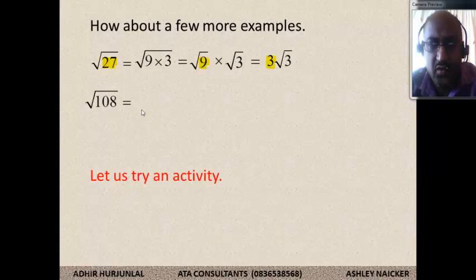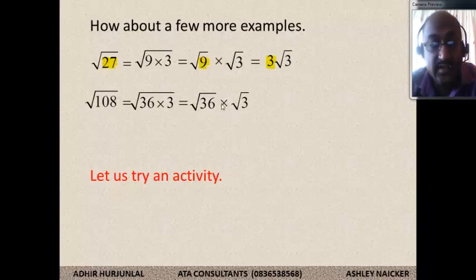108 is equal to the square root of something times something. 36 times 3. That's 36, 72, 108. Yes, it is going to be the square root of 36 times 3. And if I split this up, I get the square root of 36 multiplied by the square root of 3.